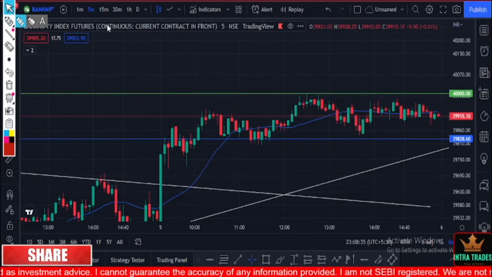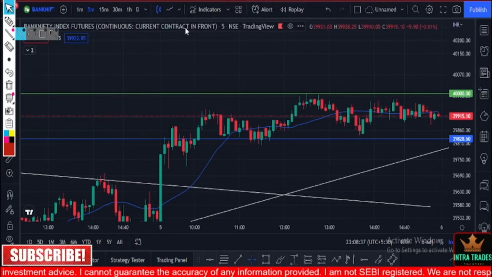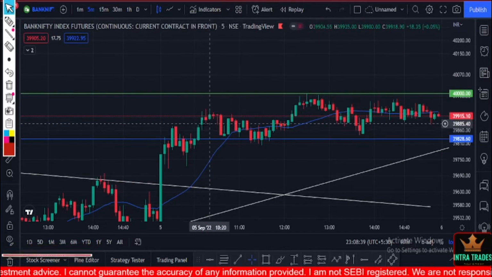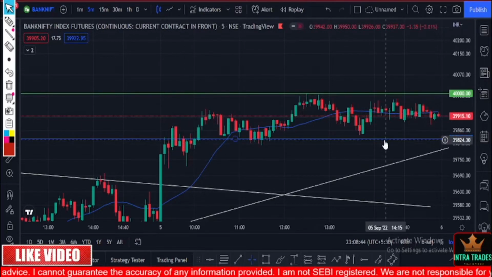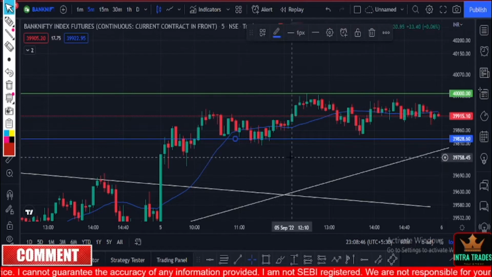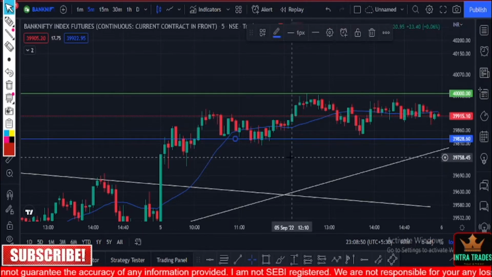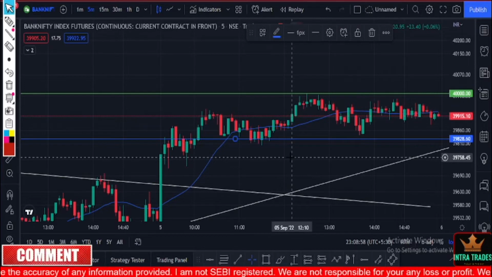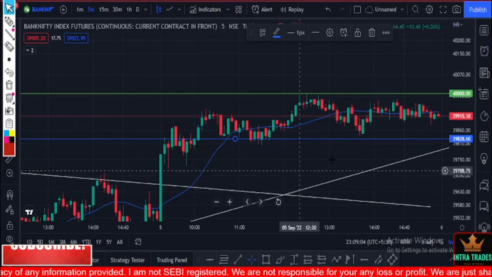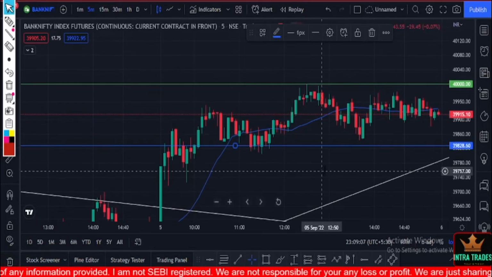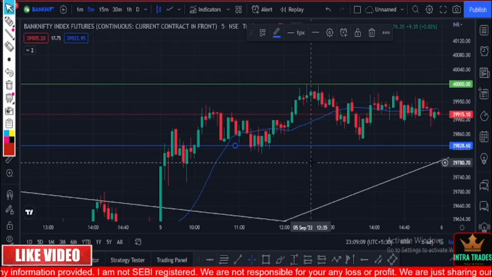I need to wait for a breakout of my resistance, and these resistance and support levels are given in my Telegram channel. The link for the Telegram channel is given in the description of this video. If somebody wants to join my community, you can use that link to join.